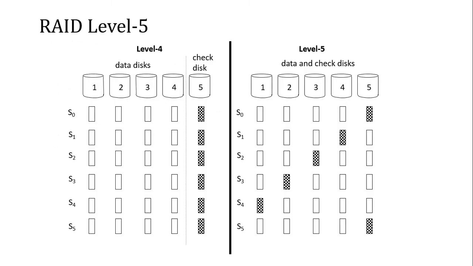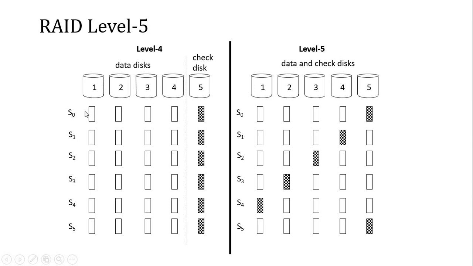As I said, RAID level 5 is used by most corporate companies that have geographically distributed data on servers in different locations. Suppose in RAID level 4, what is happening? All the data are placed in the same strip of data, and the check disk, the parity disk, is in a single row.